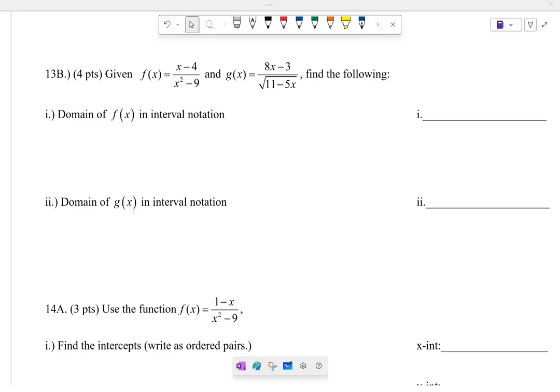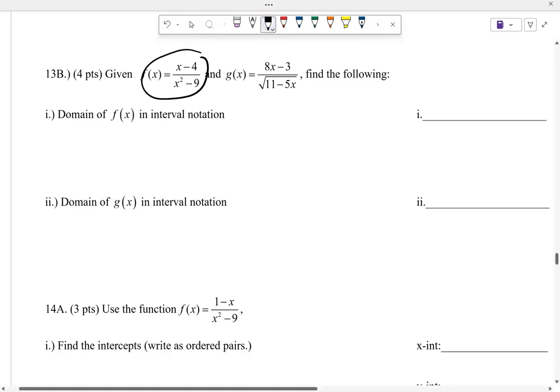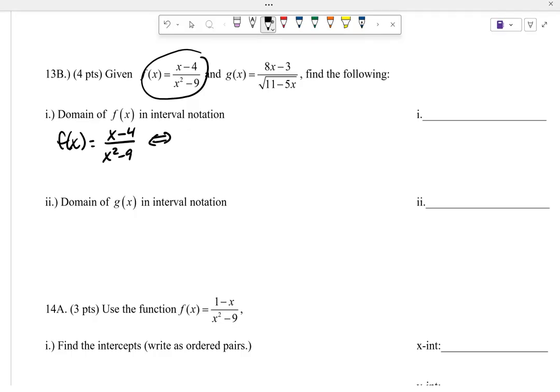If I'm looking at this rational function f of x, we got x minus 4 over x squared minus 9. I'm thinking to myself, for a rational function, where is this thing undefined? What causes this thing to be undefined? Well, let me factor this difference of squares. And I'm like, oh yeah, I can't have a 3 and I can't have a negative 3 because I'll be dividing by 0, right?